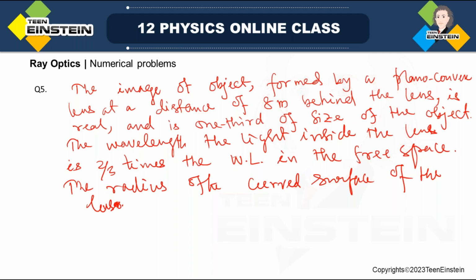The radius of the curved surface of the lens is: 1 meter, 2 meter, 3 meter, 6 centimeter, last option.